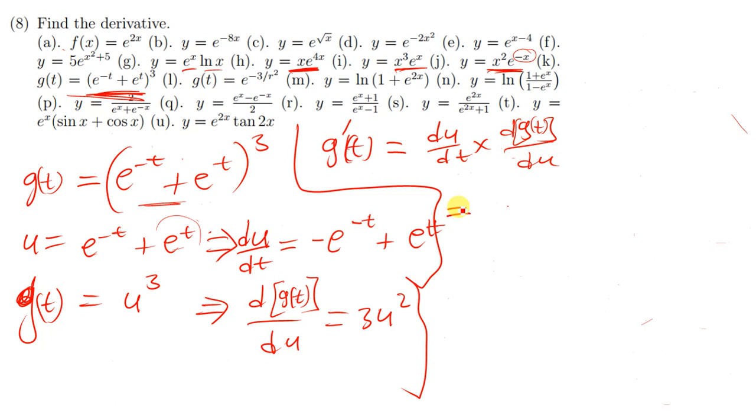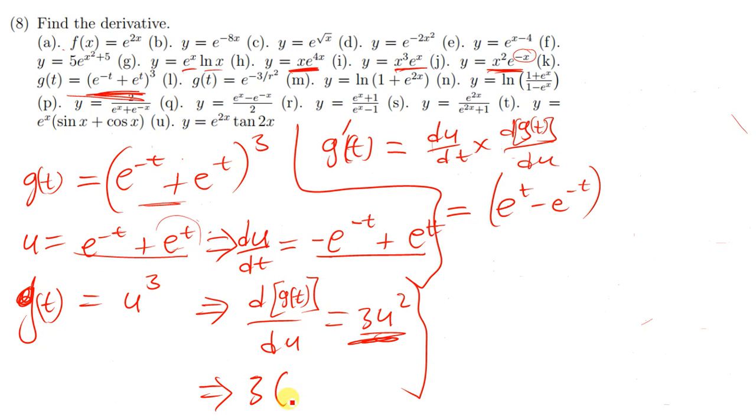So du dt is simply just what we found there, which is e to the power t minus e to the power negative t. Then we're multiplying this with d g of t over du, which is this expression there, which can further be written in terms of u, because we know that u is this function there.